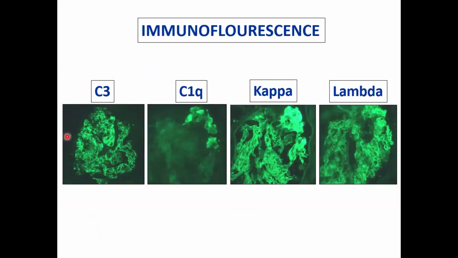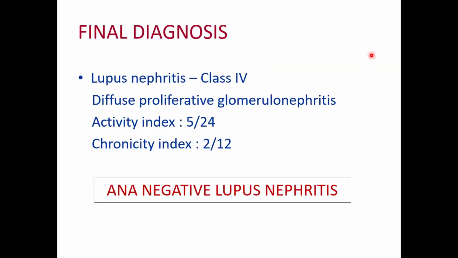C3 was 3+ granular, C1q was patchy 3+, and kappa and lambda were 3+ granular. We gave the final diagnosis of lupus nephritis class 4, with an activity index of 5 and a chronicity index of 2.